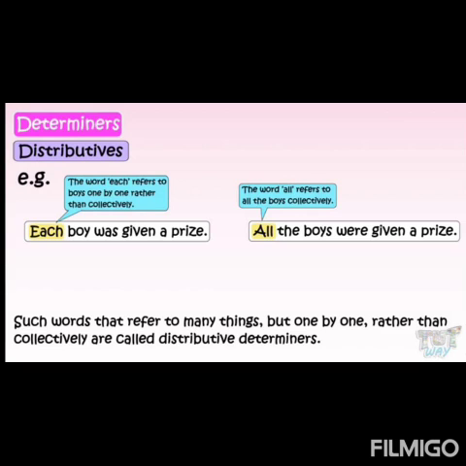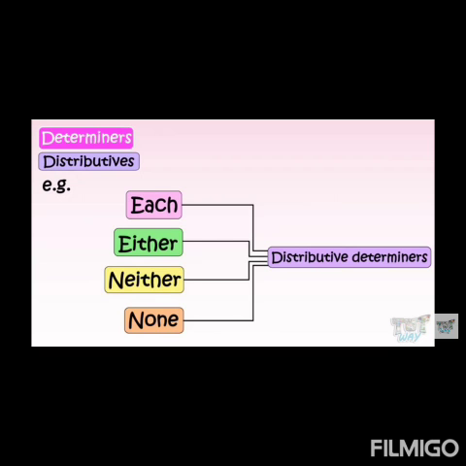So pay attention. Such words that refer to many things, but one by one rather than collectively, are called distributive determiners. So here each is a distributive determiner. A few other words that are used as distributive determiners are each, either, neither, none.